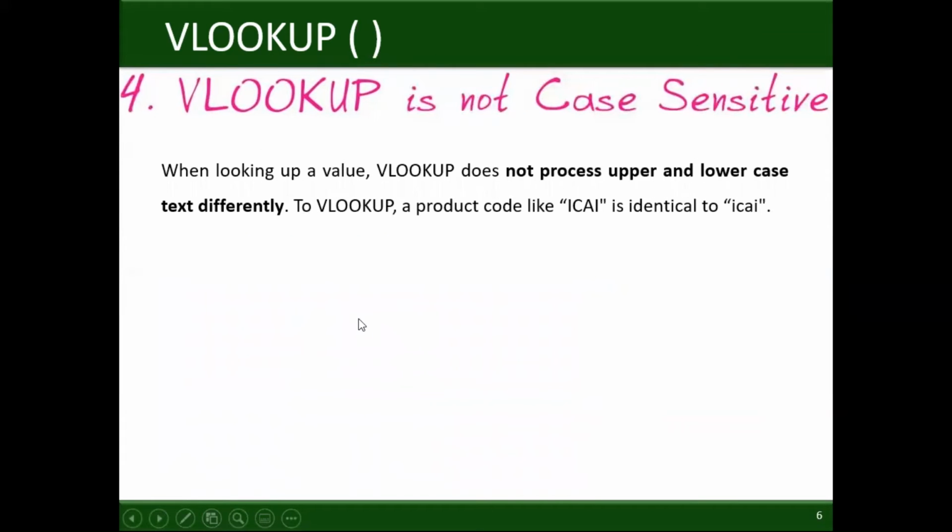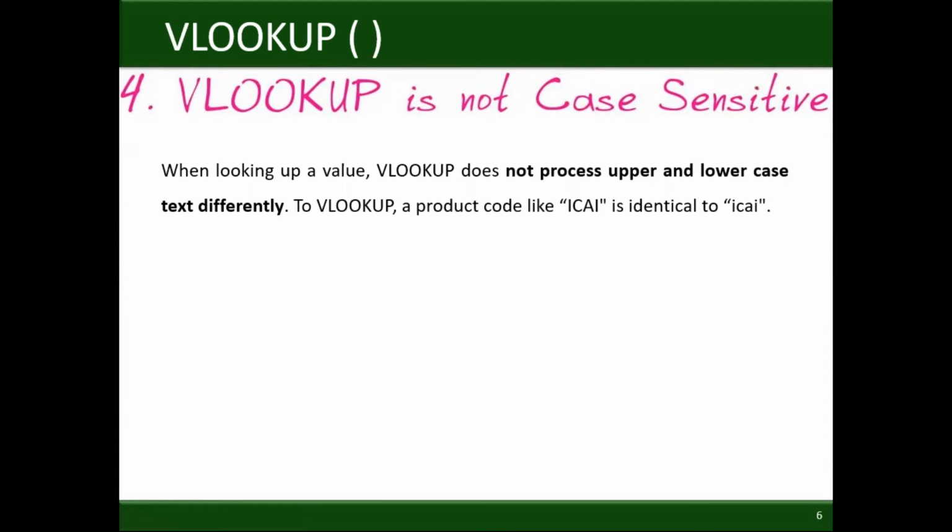And VLOOKUP is not case sensitive. Case sensitive means, for example, if you are given a password, the password in uppercase is different from lowercase. Here I give an example, ICAI and icai. Both words are the same, but the case is different, one uppercase and one lowercase. If we say these two words are not equal, then it is treated as case sensitive; capitals are different from small letters.